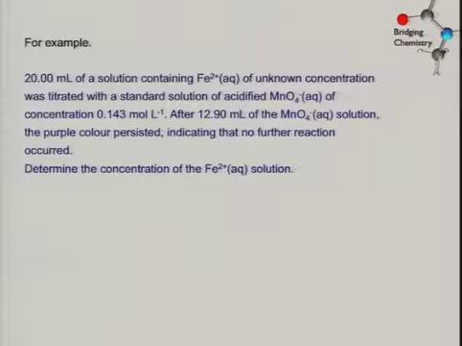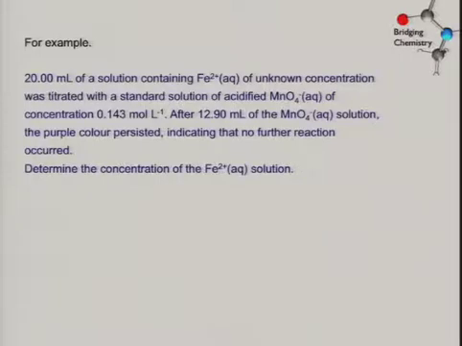Okay, so here's the sort of thing that we could give you. You have 20 mils of a solution containing iron 2 plus aqueous of unknown concentration, was titrated with a standard solution. Remember, standard solution is one that we accurately know the concentration of. So a standard solution of acidified permanganate ions of concentration 0.143 moles per litre.